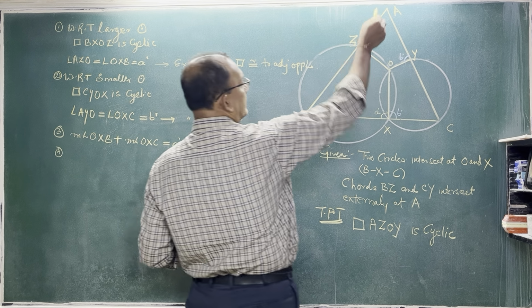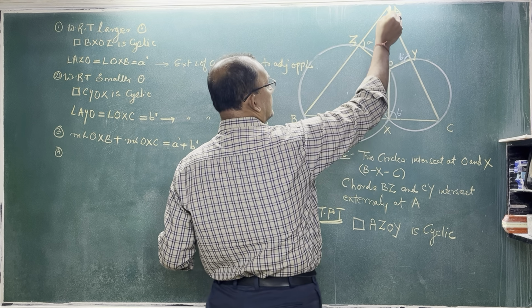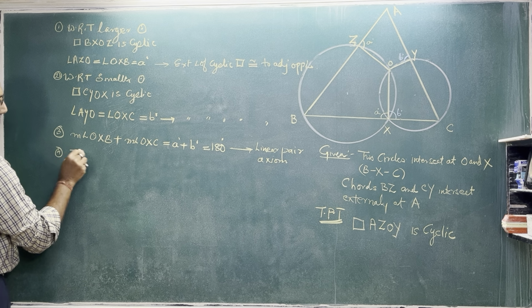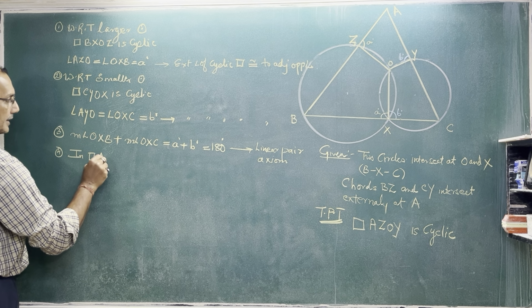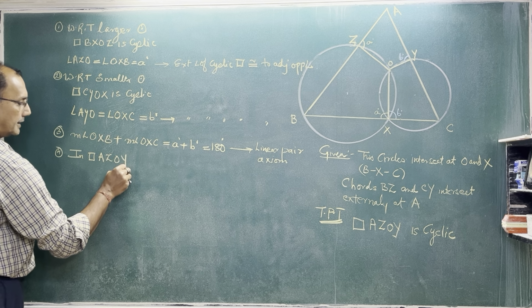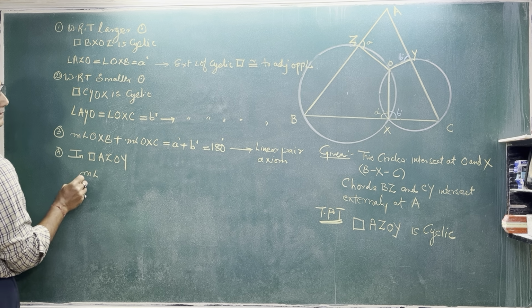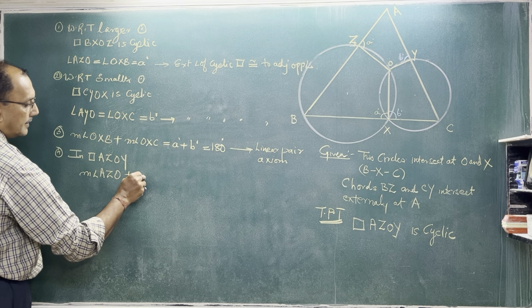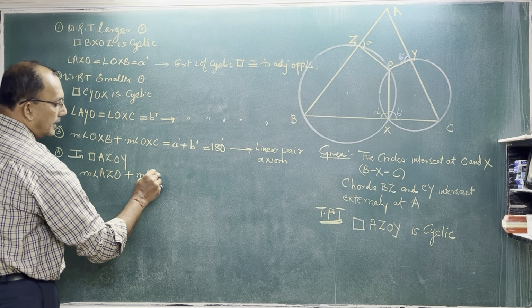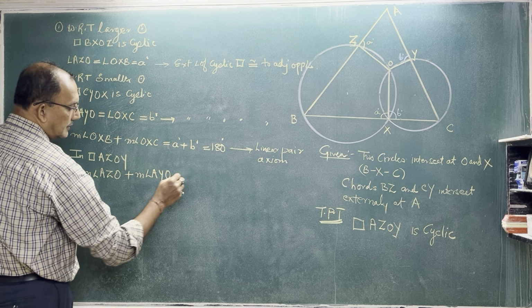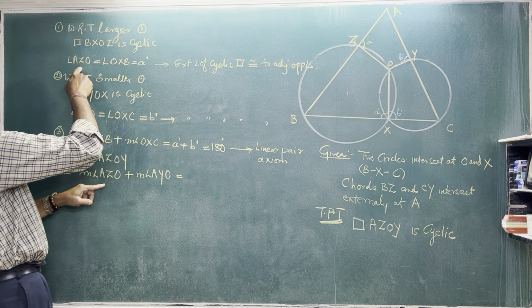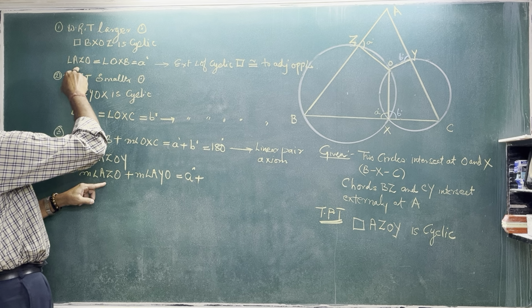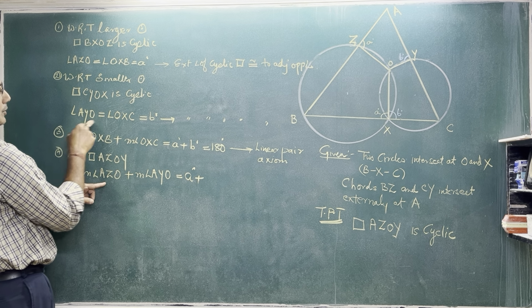Okay. So now, point number 4. Let's enter inside the topmost quadrilateral, that is AZOY. In quadrilateral AZOY, measure angle AZO plus measure angle AYO is equal to AZO was A degree plus AYO was B degree.